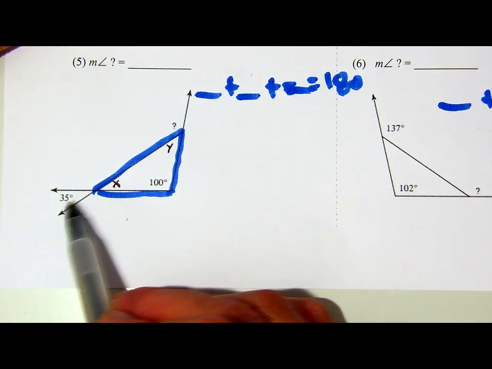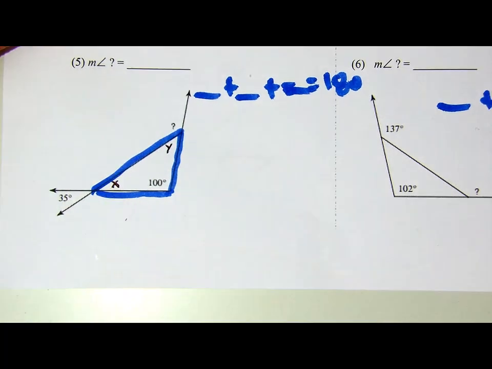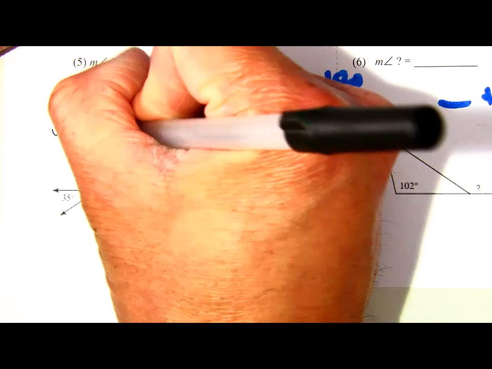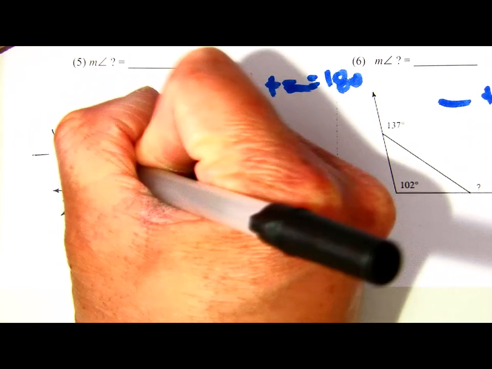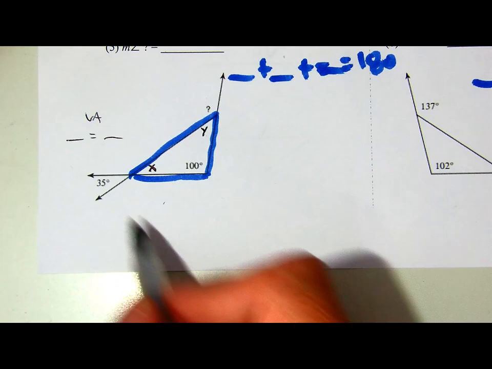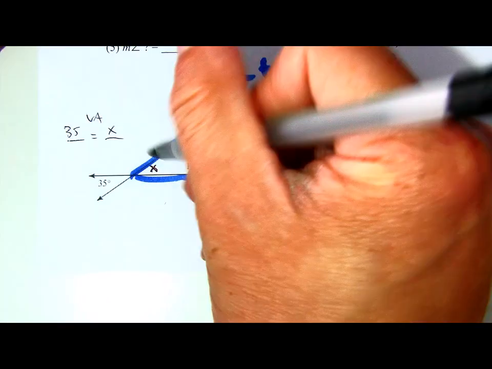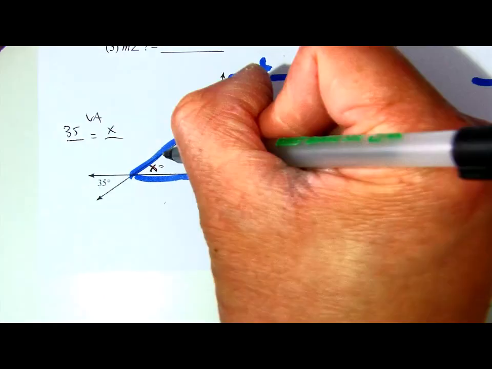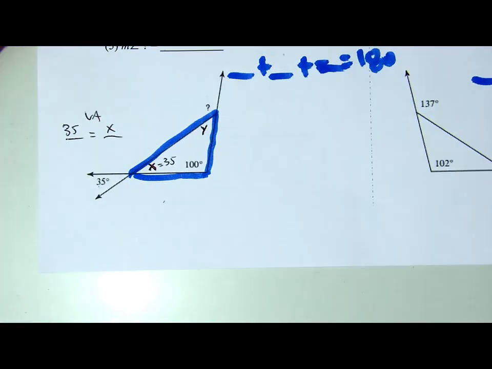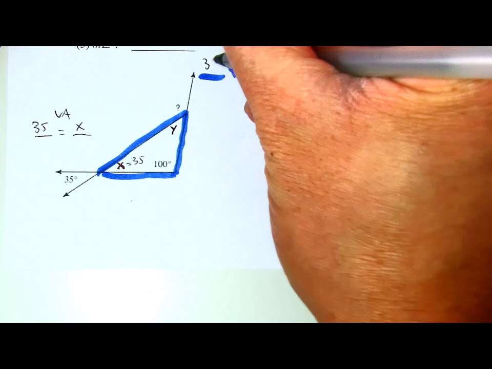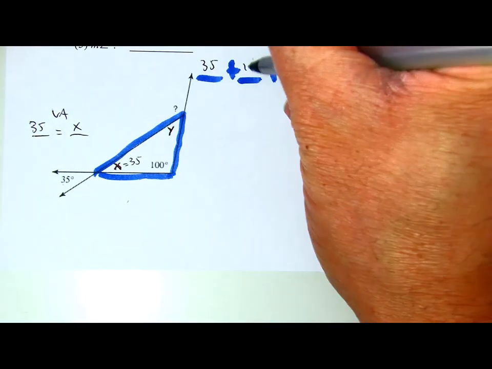Class, is this a linear pair or vertical angles? Vertical angles. Vertical angles are blank equals blank. So 35 equals x. That means, class, over here I can add 35. So now I have 35 plus 100 plus y.